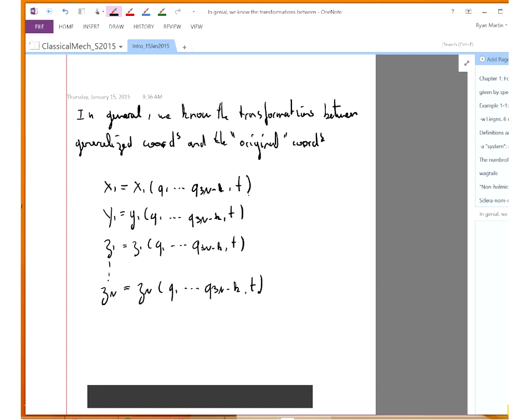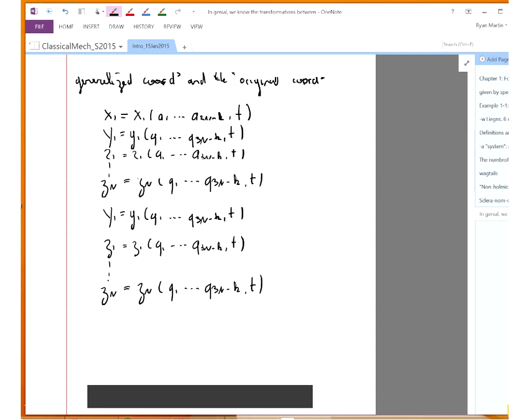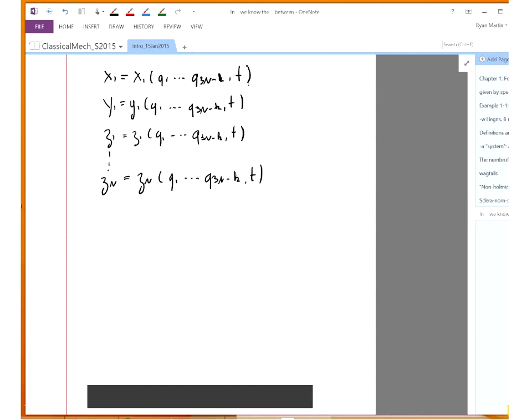So from this, we can also find what we call the generalized velocities, and in principle the generalized accelerations. Because we know these transformation equations, we can take the time derivative of those transformation equations, just as we did for the compound pendulum, right?